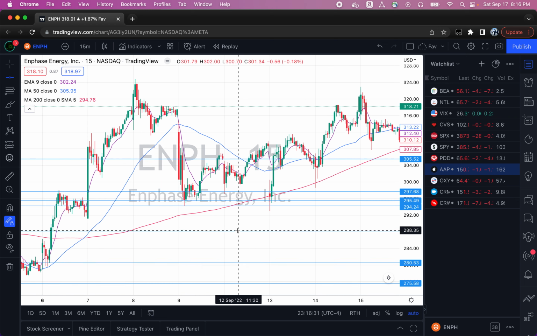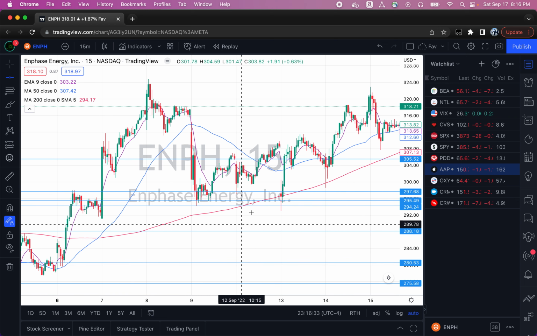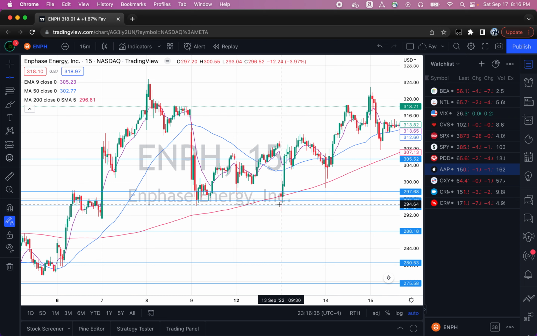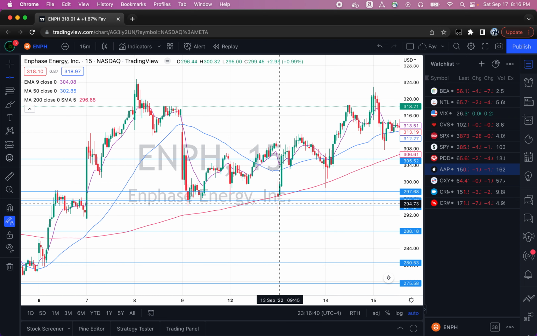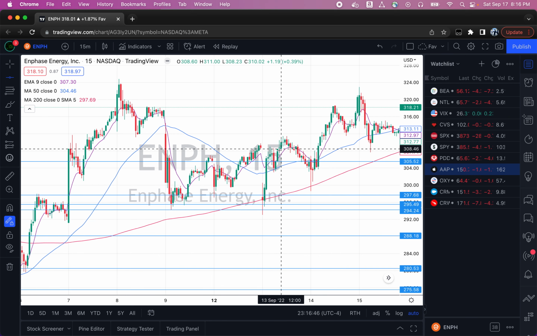So I didn't want to lose the entire capital, so I just sold it. But this came back up, filled all the gap here, and the position was at break even the same day within 30 minutes or so.